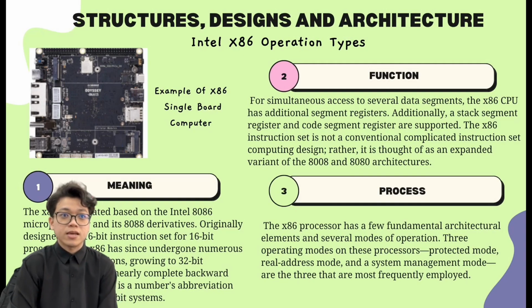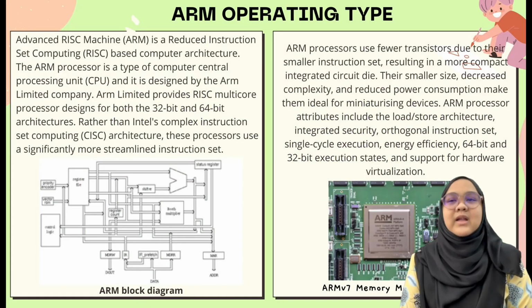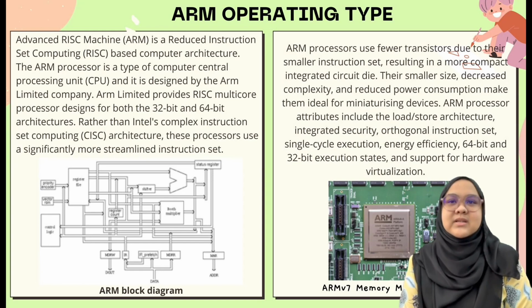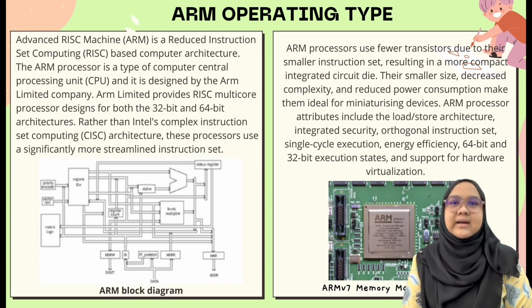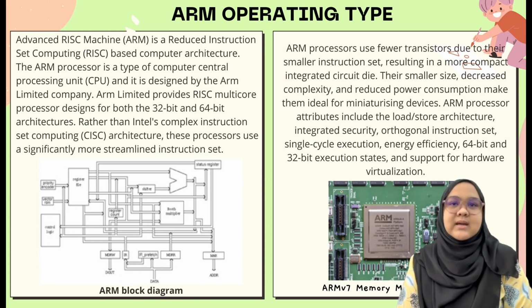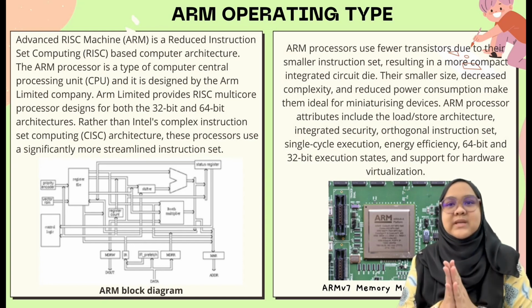Advanced RISC Machine, ARM, is a reduced instruction set computing RISC-based computer architecture. The ARM processor is a type of Computer Central Processing Unit (CPU) and is designed by the ARM Limited Company. ARM Limited provides RISC multi-core processor designs for both the 32-bit and 64-bit architectures.